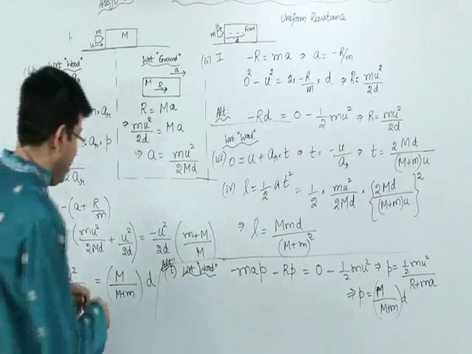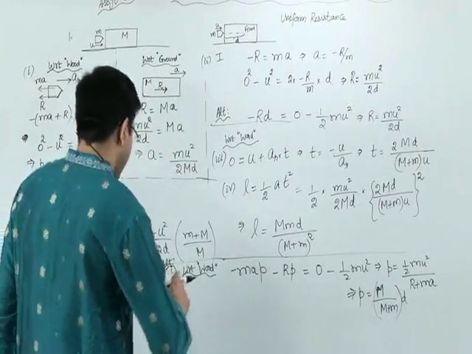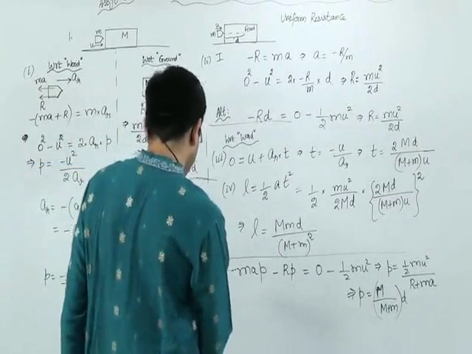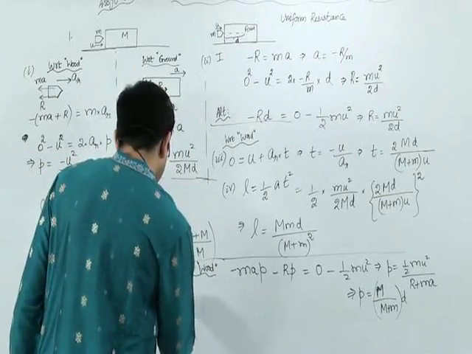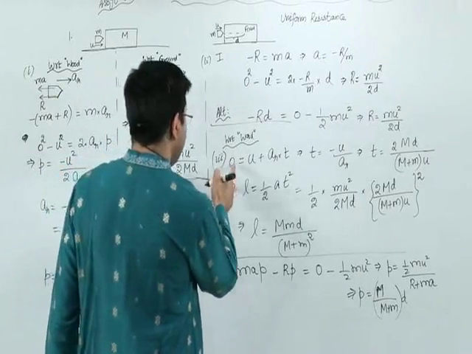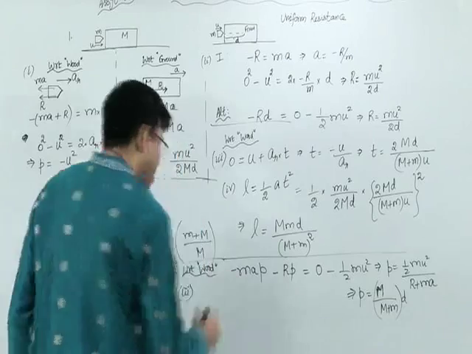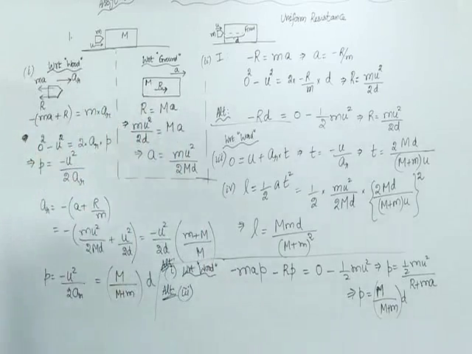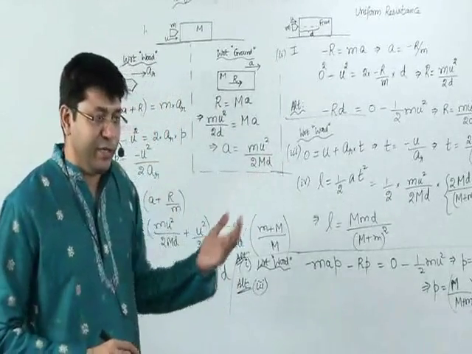Okay. Now, similarly, what about this 3? Alternate method to subdivision 3: time taken for penetration.